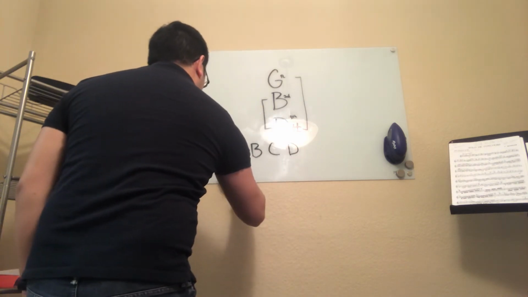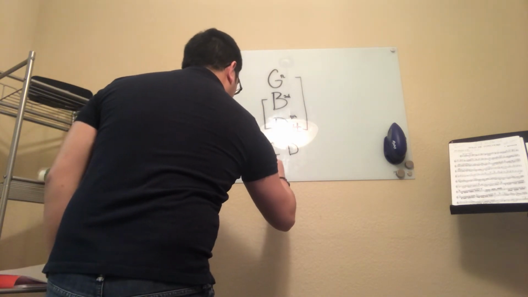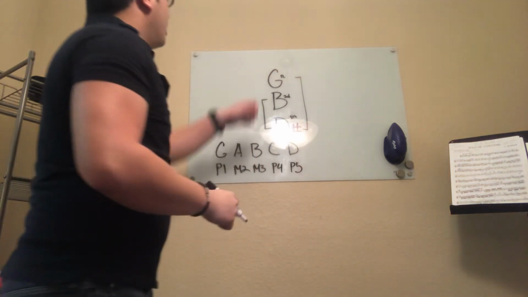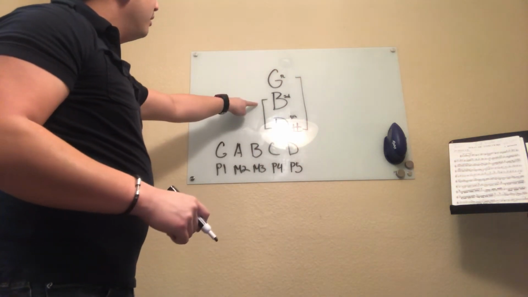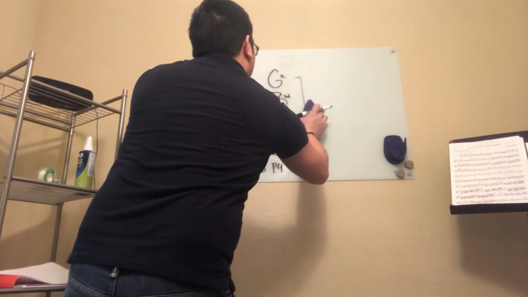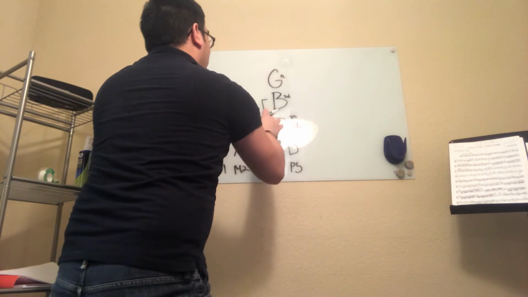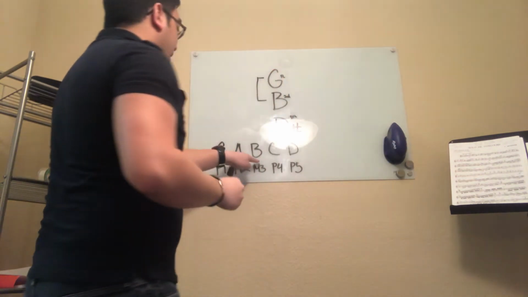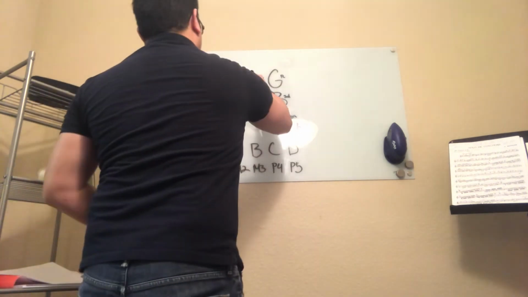Diatonic intervals. G to B is a major third.